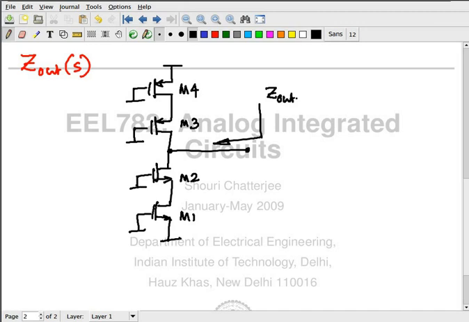This is the Norton equivalent method, right? You nullify the input voltage and all the voltage sources. This is what you are left with.